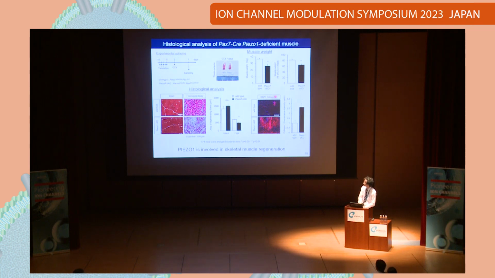By doing histological analysis, we found several histological abnormalities, including neutrophil infiltration and collagen accumulation, in Piezo1 deficiency, suggesting that Piezo1 is involved in skeletal muscle regeneration.